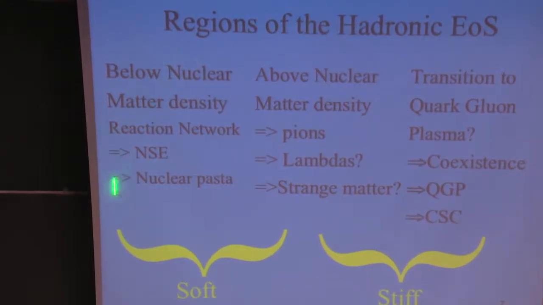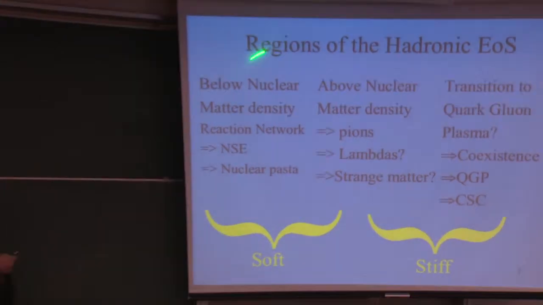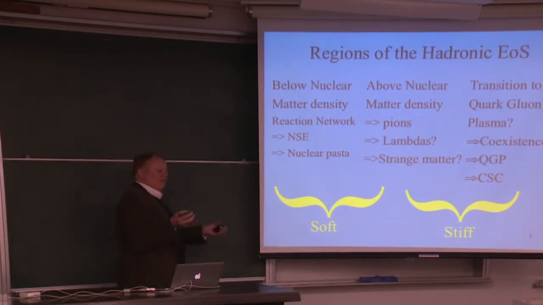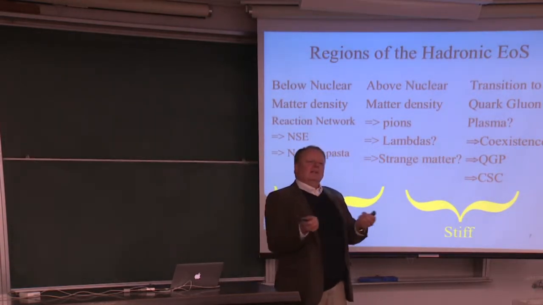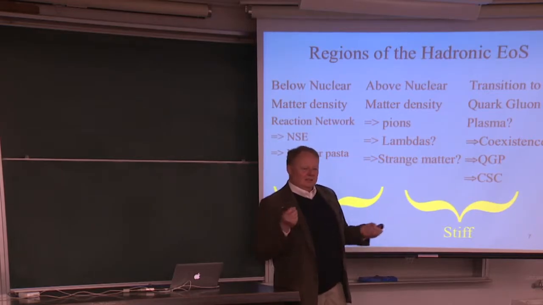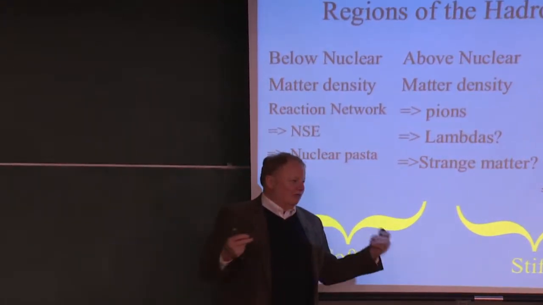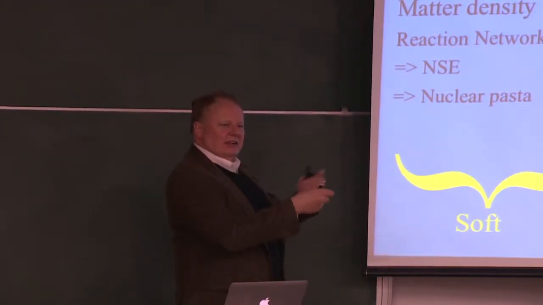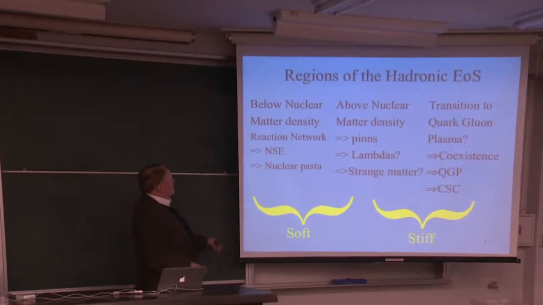At first, in the general way, we do this equation of state. At low density, well below nuclear matter density, you just have a gas like the gas of particles in this room. It's just regular nuclei, but at a higher temperature and density. So you have neutrons and protons, alpha particles, normal nuclei, and they actually undergo a nuclear reaction network and generate energy.